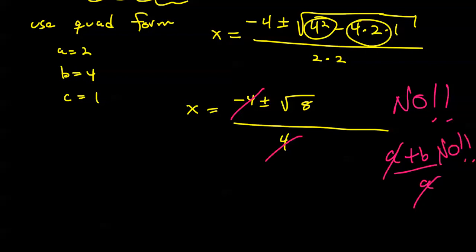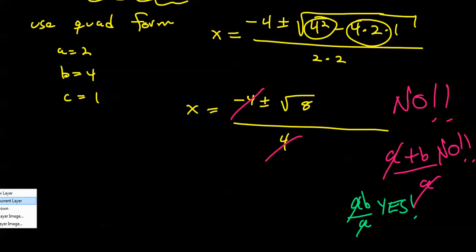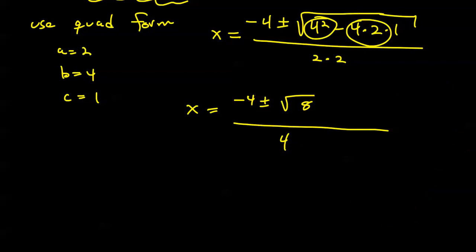No, no, no. You can cancel out factors of a product. So beware that you cannot cancel out the 4's in this situation, as tempting as it might be. So we know what we can't do now.